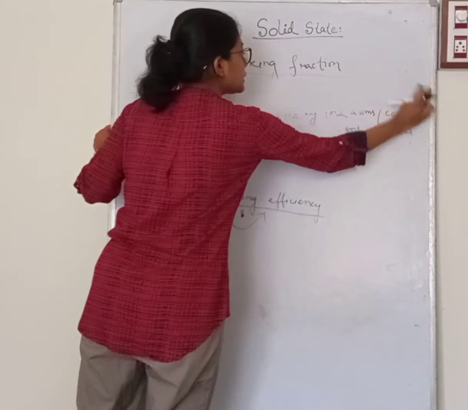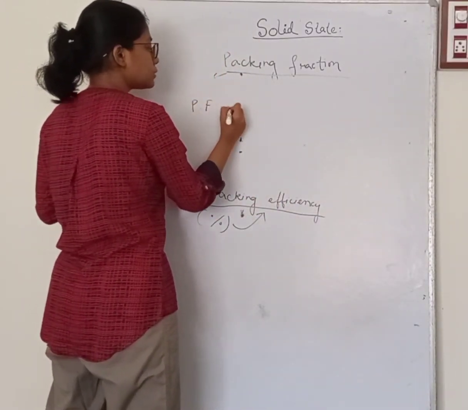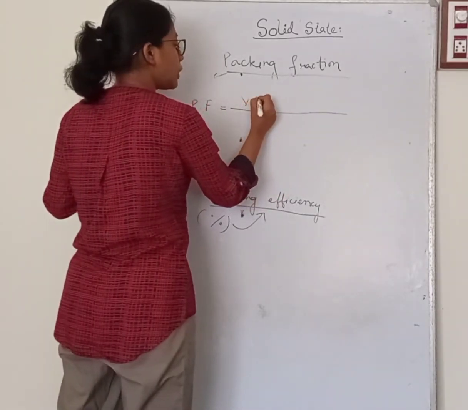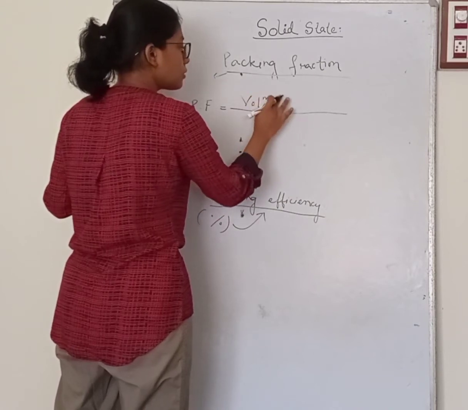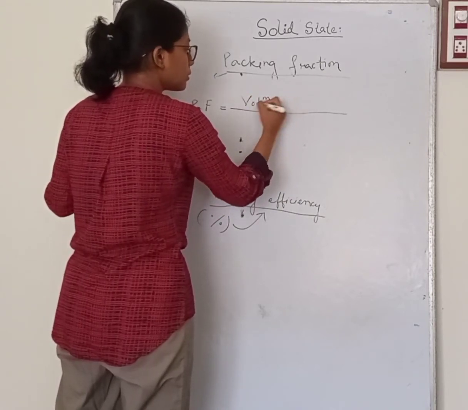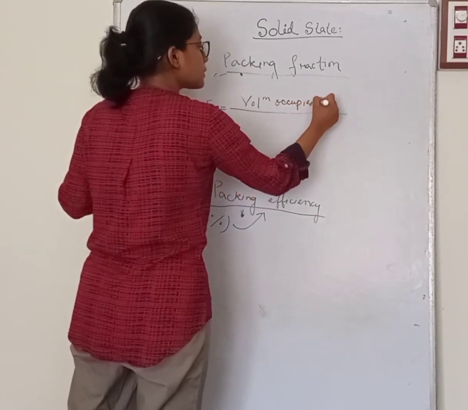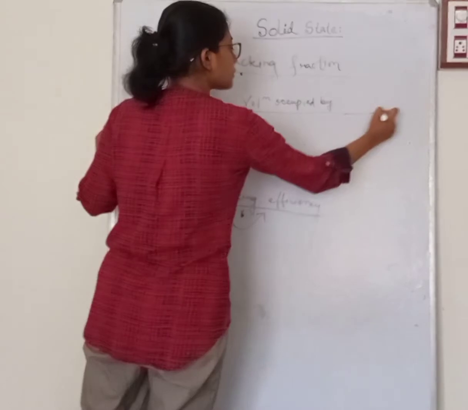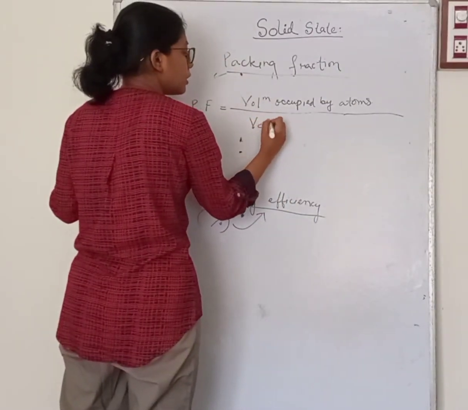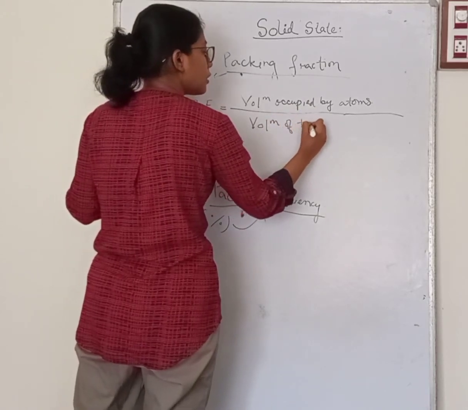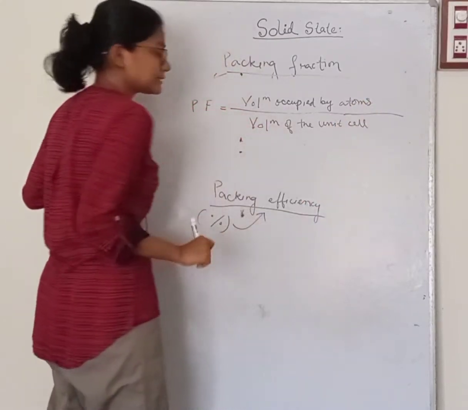So how can we determine this packing fraction? Packing fraction is equal to volume occupied by atoms divided by volume of the unit cell.